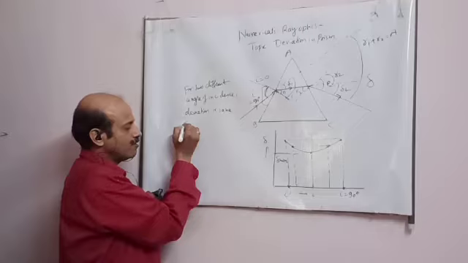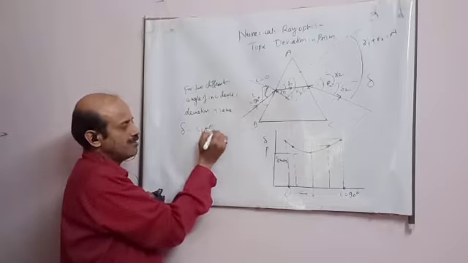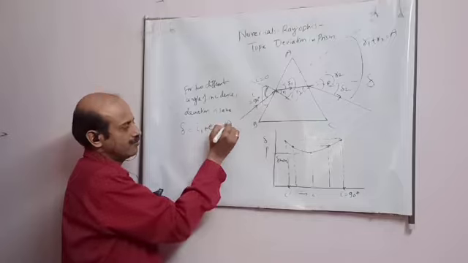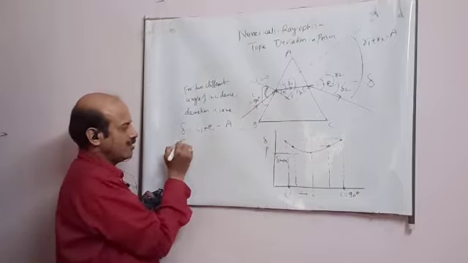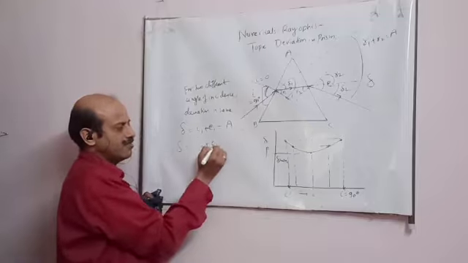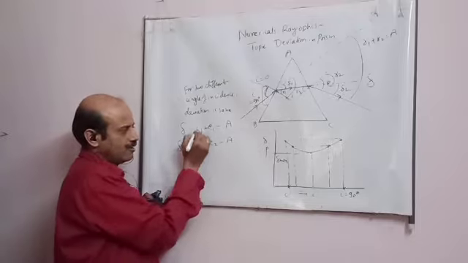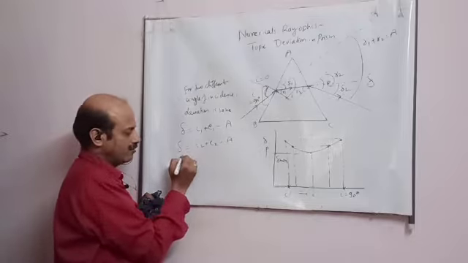This means what happens? Suppose the angle of incidence is I1, and emergence is E1. This is the formula. Now I change the angle of incidence to I2, and again the deviation is the same.